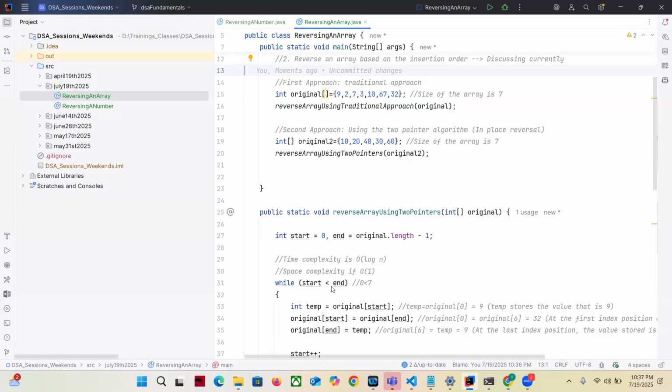So the next question I wanted to ask is, what other approach can we use here? We have discussed two approaches, right? What can be the other approach?